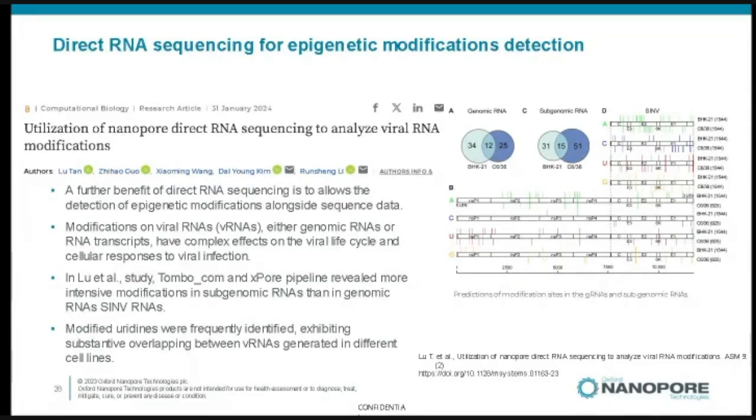In this study by Lu and their co-workers, using a TOMBO and XPORE pipeline, it reveals more intensive modification in subgenomic RNA than in genomic RNA in SARS-CoV-2 RNA. Modified uridines were frequently identified, exhibiting substantial overlap between viral RNA generated in different cell lines.